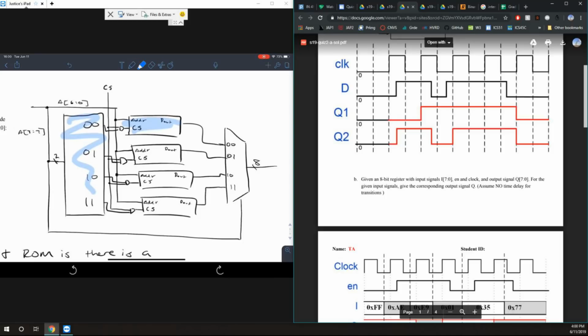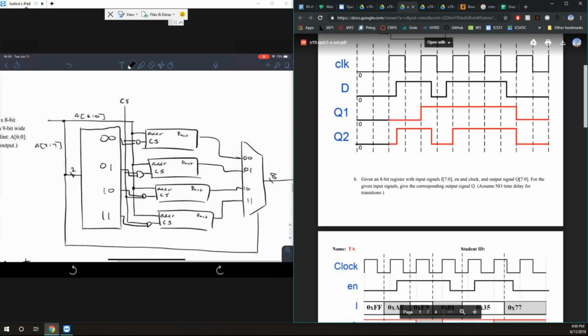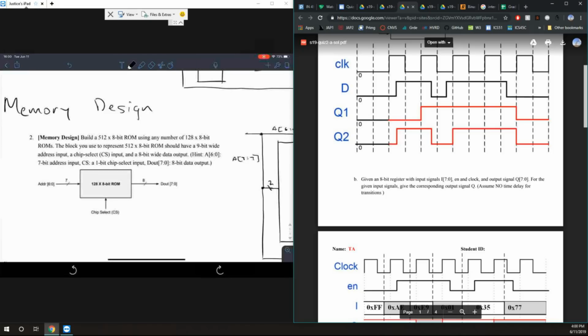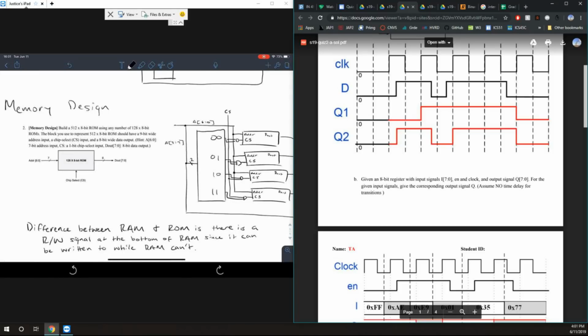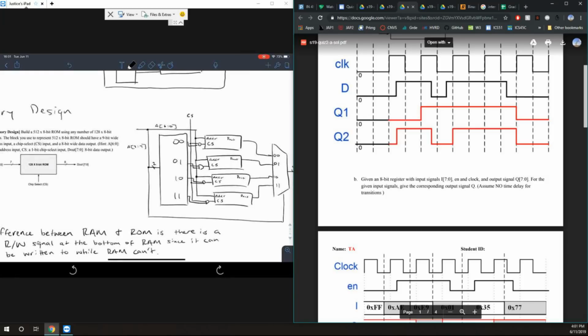In this case, it's saying that it wants us to build a 512 by 8-bit ROM using 128 by 8-bit ROM. So we need enough to make a 512 by 8, right?